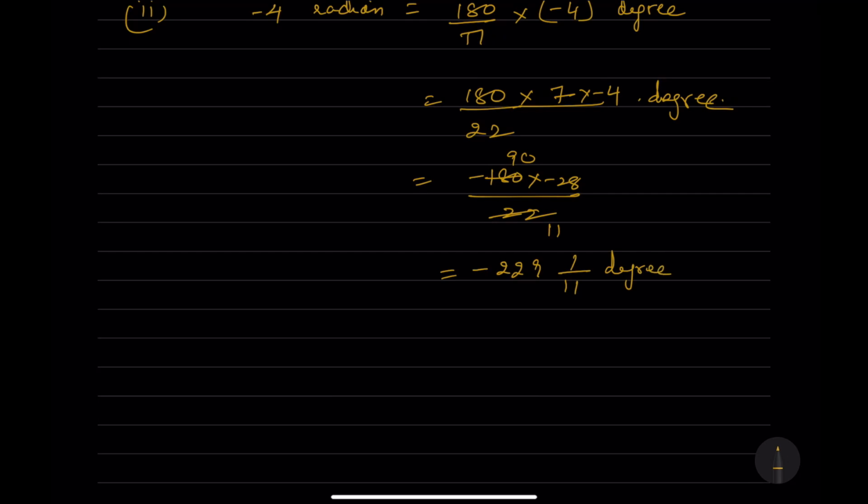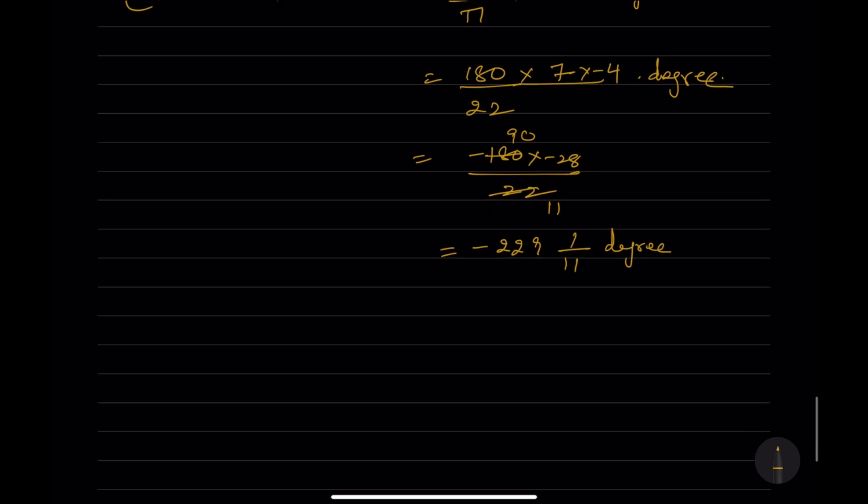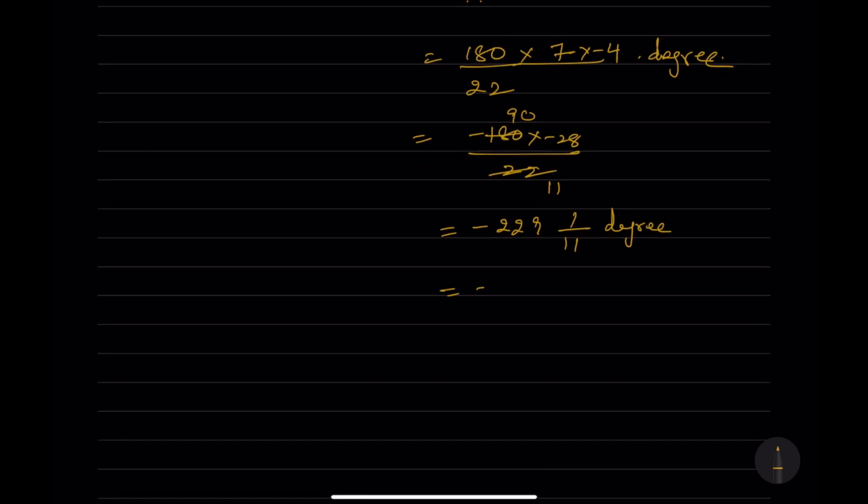Now we have to convert this 1 by 11, so we can write this as minus 229 plus 1 by 11, which can be written as 1 degree divided by 11.